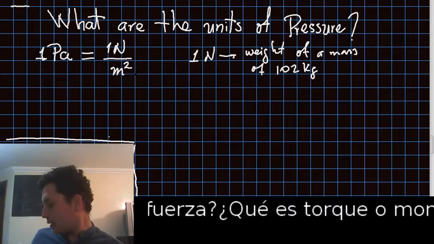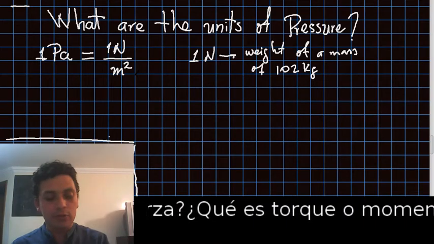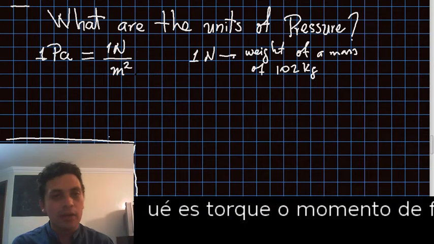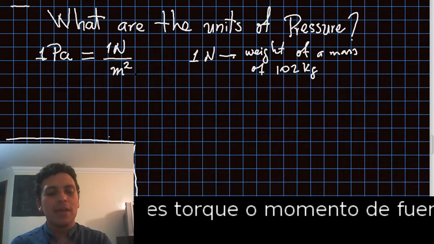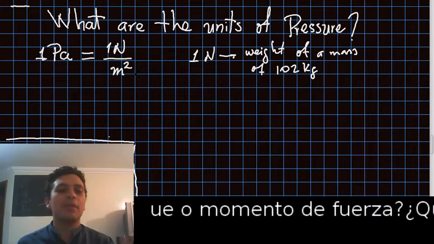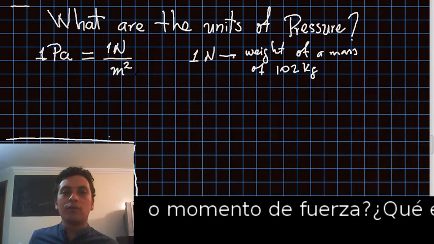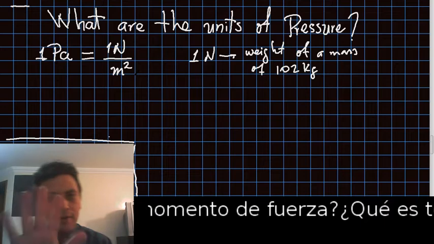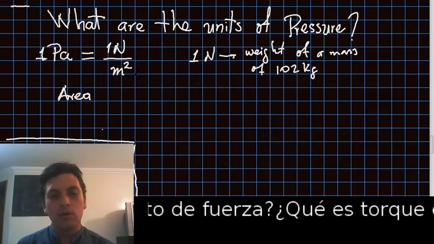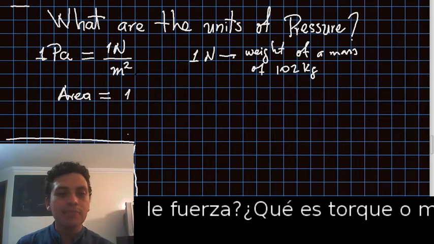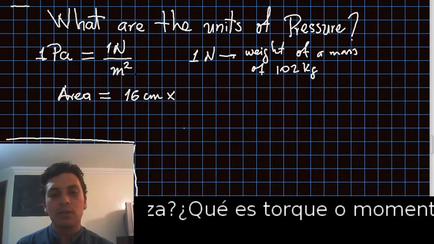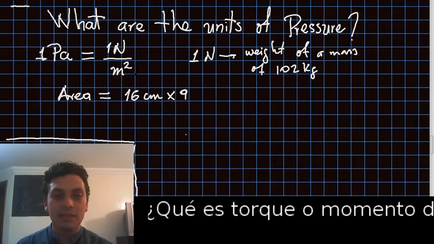So I'm asking you to put your cell phone, let's say that your cell phone's weight is 1 Newton, on your hand, okay? And measure the dimensions of your hand, length and width, in order to determine the area of your hand. So for example, the area of my hand is about 16 centimeters times 9 centimeters.